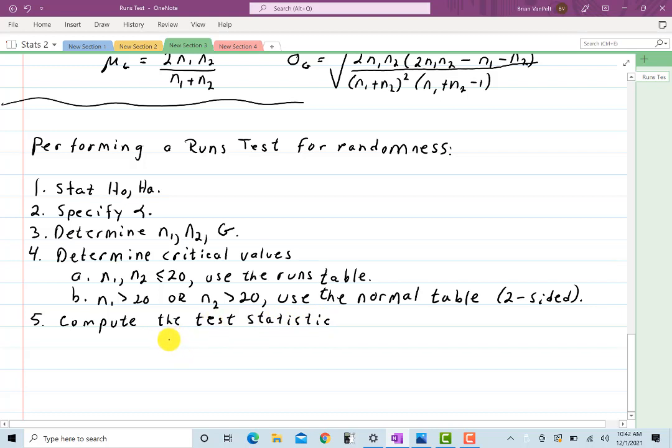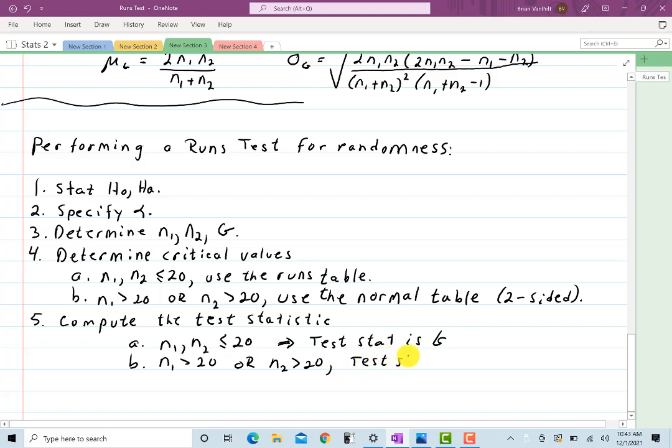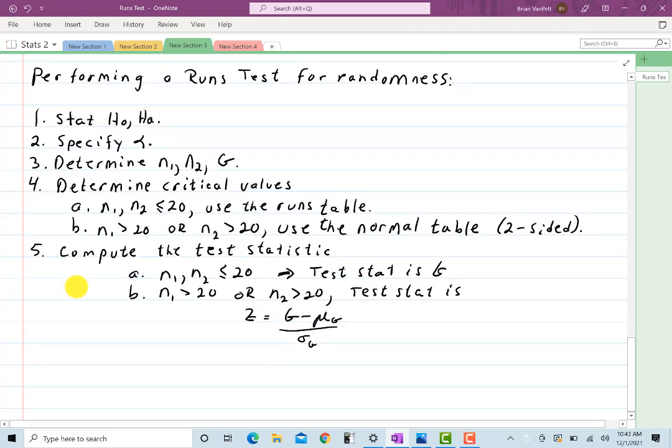So when n sub 1 and n sub 2 are less than or equal to 20, the test stat is G. But if either one of them is greater than 20, the test stat is Z equals G minus mu sub G over sigma sub G. And then, as usual, after all this is done, make the decision.